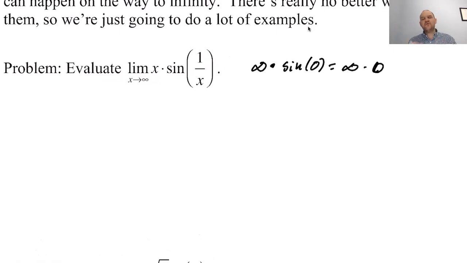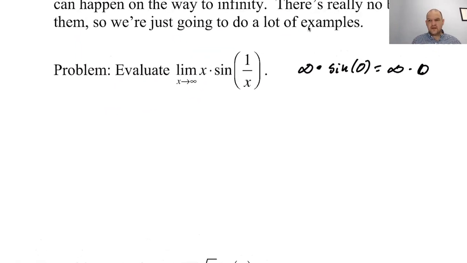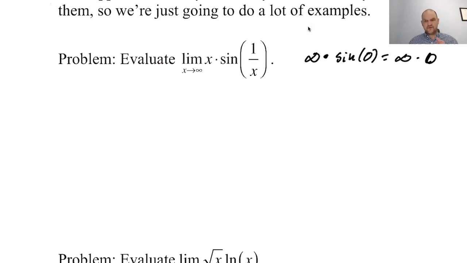But what if we algebraically manipulate this thing? What I'm going to do, and this is an incredibly common thing to do, I'm going to invert one of the factors. So the factors are x and sine of 1 over x. Which one of those would you rather invert? It's not really hard to choose. I'm going to invert the x.